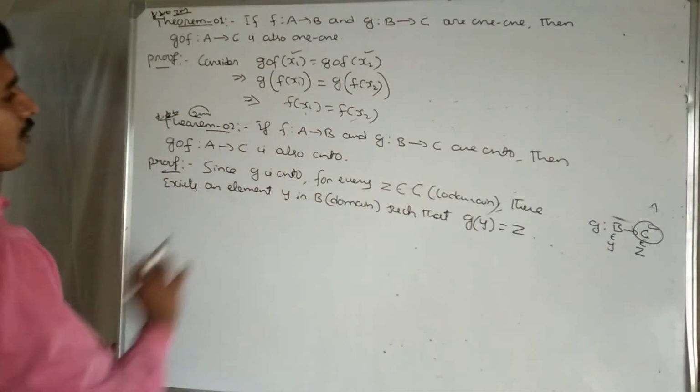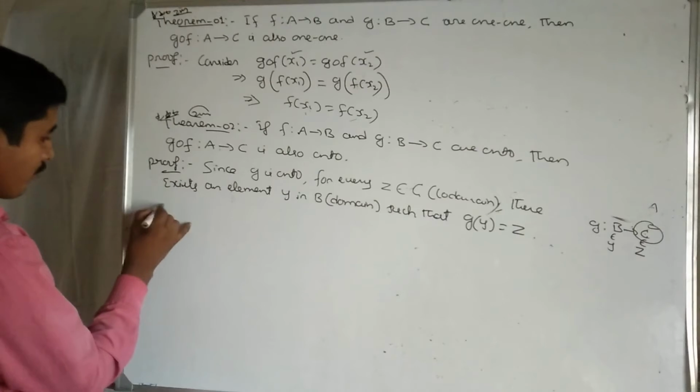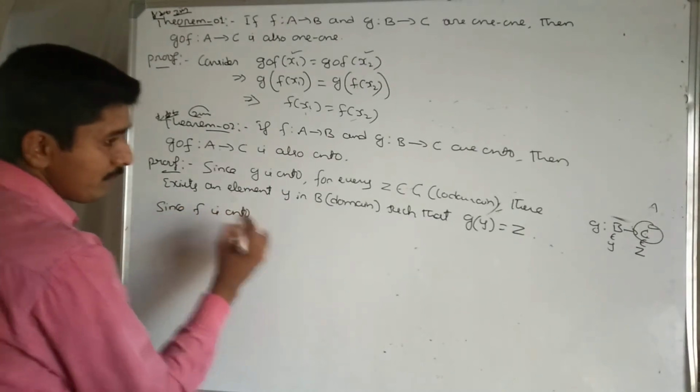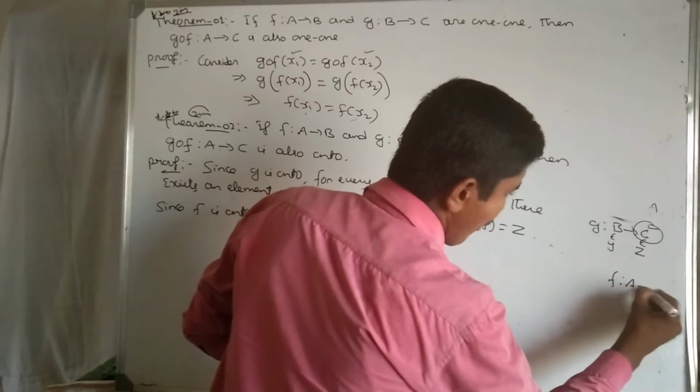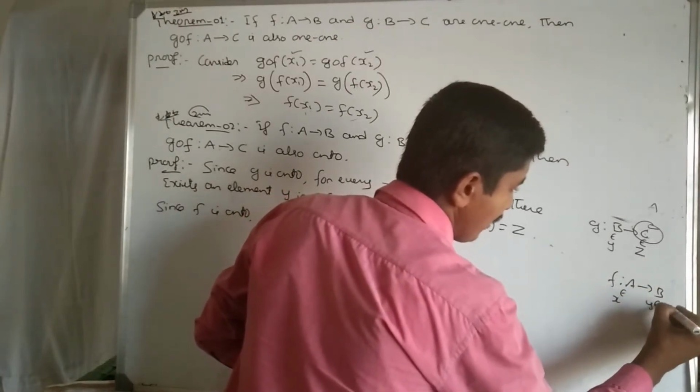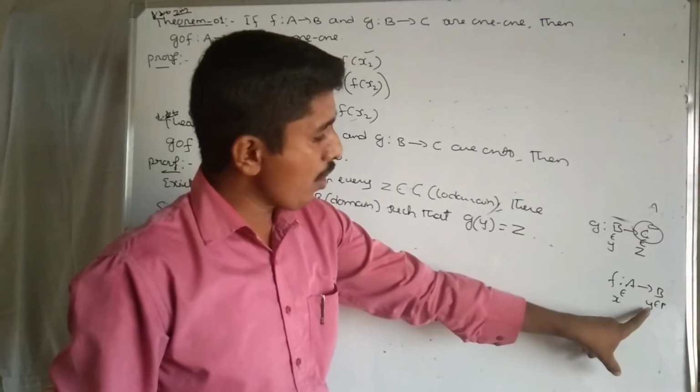Next, given that f is onto, f from A to B, x belongs to set A, y belongs to set B. We have to go for the codomain.